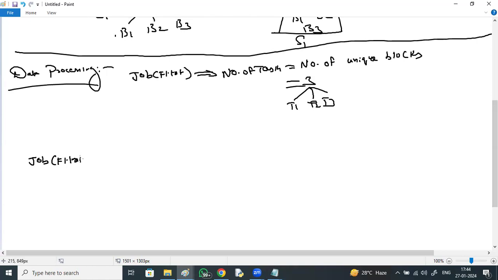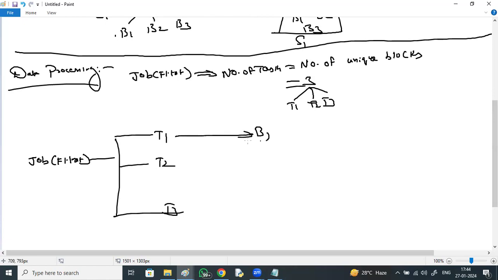Job to process f1.txt: T1 task, T2 task, T3 task. T1 is for executing B1, T2 for executing B2, T3 for executing B3.